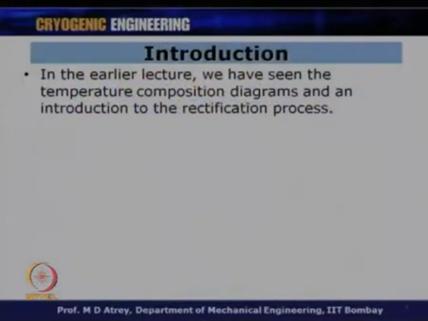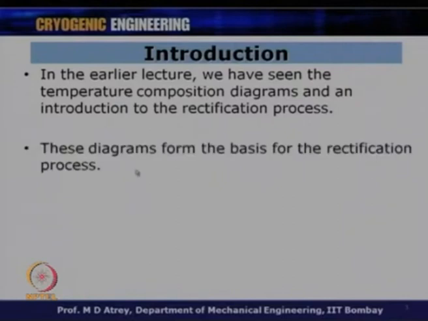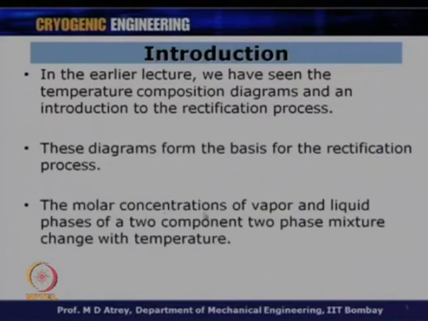In the earlier lecture, we saw the temperature composition diagram, and we also introduced how those diagrams can be exploited to understand the rectification process, which actually happens in a rectification column. These diagrams form the basis of the rectification process. The molar concentrations of the vapor and liquid phases of a two component, two phase mixture change with temperature.